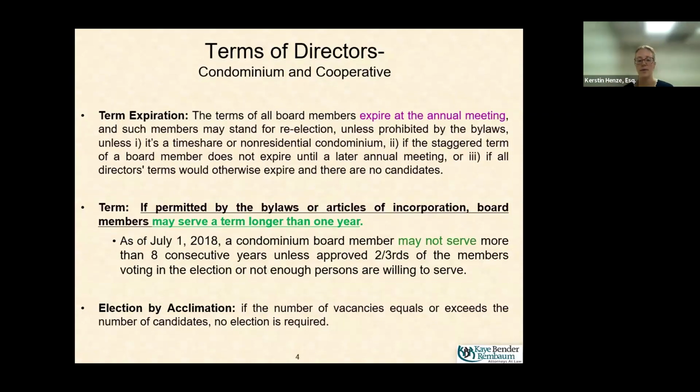Initially, it was unclear whether this could apply retroactively, but the statute was changed in 2018 to clarify that you count the 8 consecutive year terms effective July 1st of 2018 moving forward. So if a director has served for 20 years prior to 2018, it doesn't count.